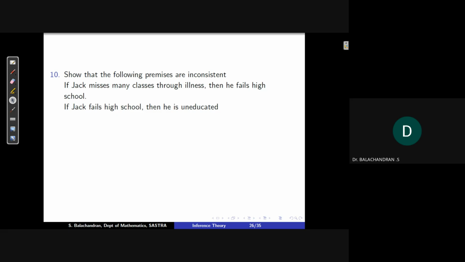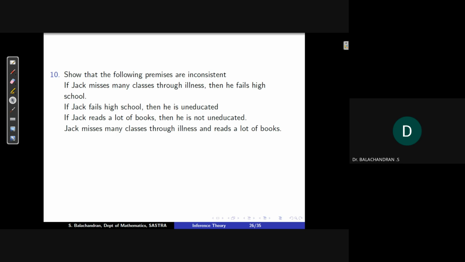If Jack fails in high school, then he is uneducated. If Jack reads a lot of books, then he is not uneducated. Jack misses many classes through illness and reads a lot of books.